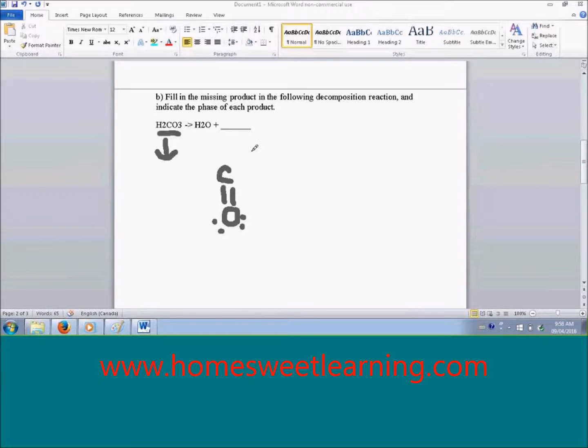Then on this side, we know there are going to be 3 oxygens. So we're going to make an oxygen on this side. And on the other side of the structure, because the oxygen has another bonding site, it's going to be the H, the hydrogen.